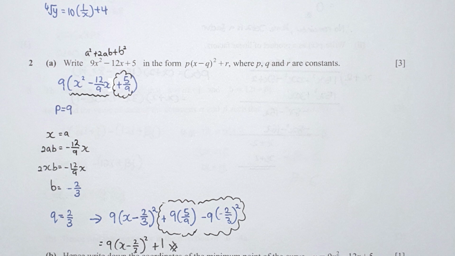So the 9 will be multiplied with 5 over 9, in order to take it out from the bracket. Then minus off the variables that we just added in. We added 2 over 3 squared, so you're required to minus off negative 2 over 3 squared over here. Do take note that you need to multiply it by 9 because it is outside of the brackets. So your final r value will be 1. So your p is 9, q is 2 over 3, and r will be 1.